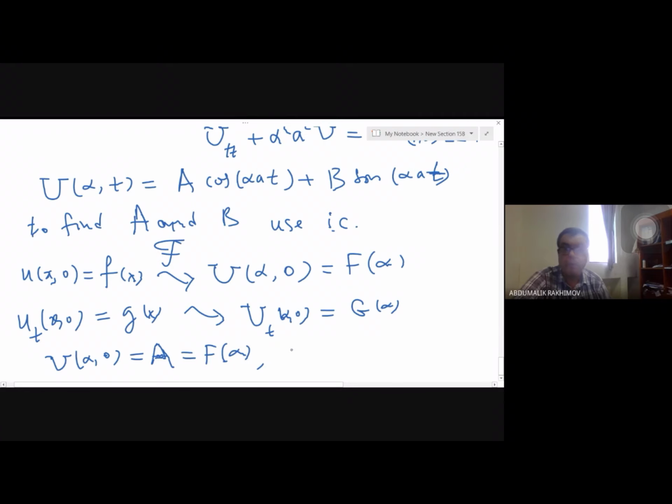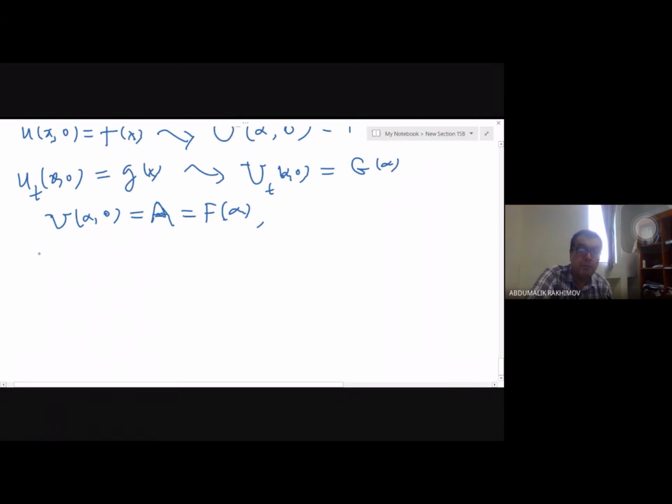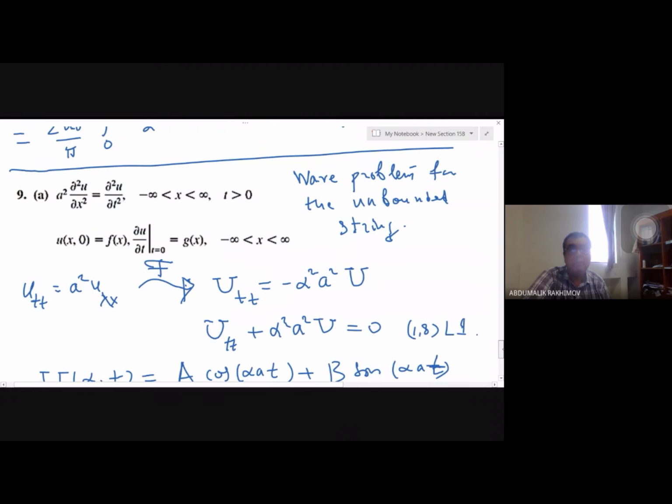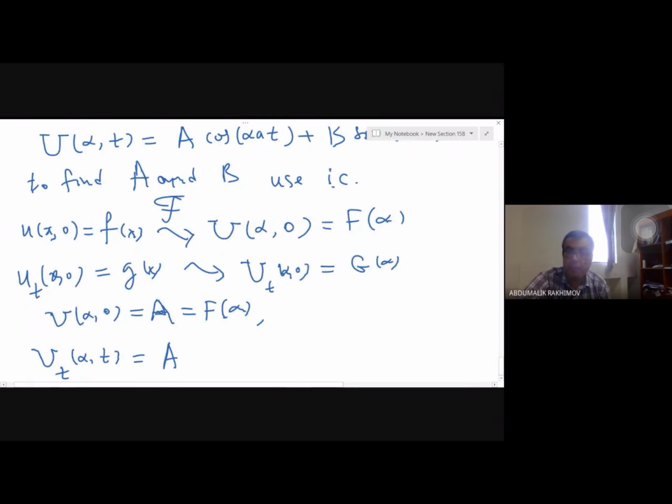The same, if you find Ut, what is the Ut(alpha,t)? Ut(alpha,t) is equal A times, so what is it? This is solution, alpha a t, right? Cosine alpha a t.